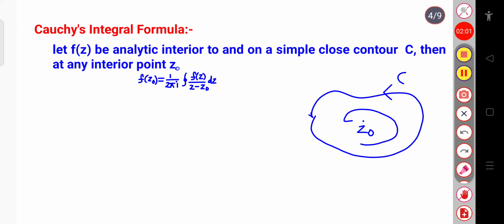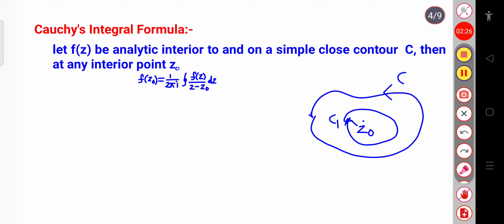Suppose here I am drawing a small circle, C1, another contour. The region between C and C1 is called the multiply connected region.